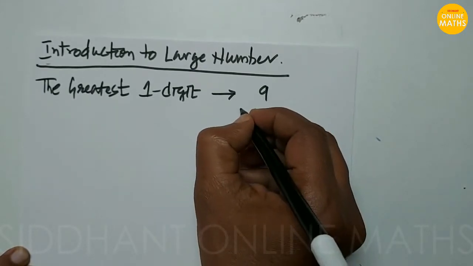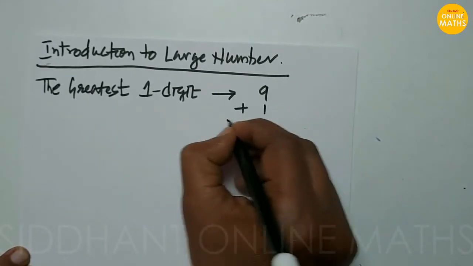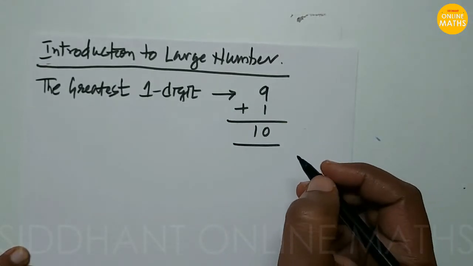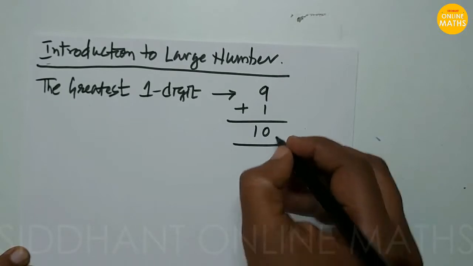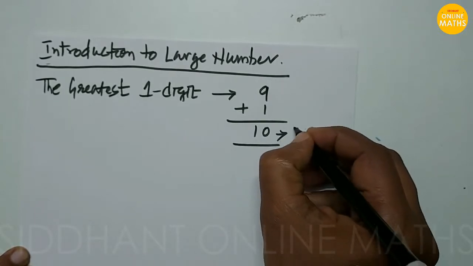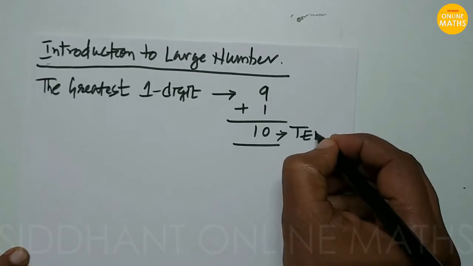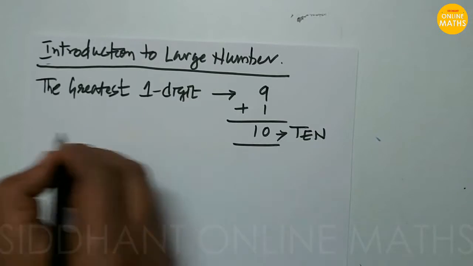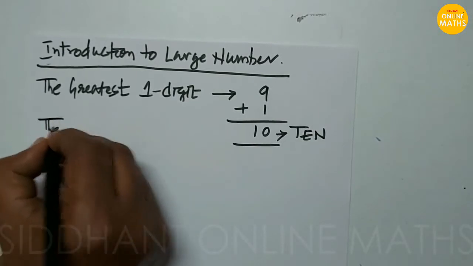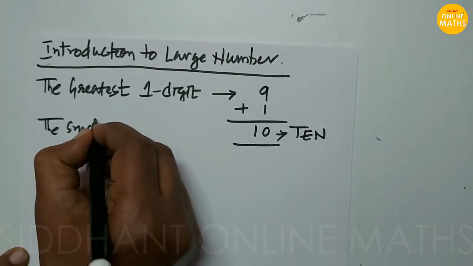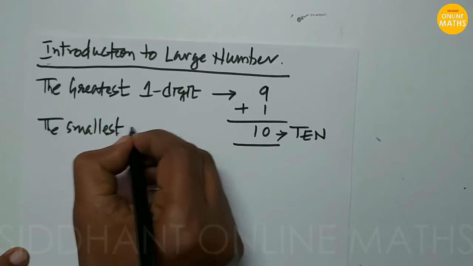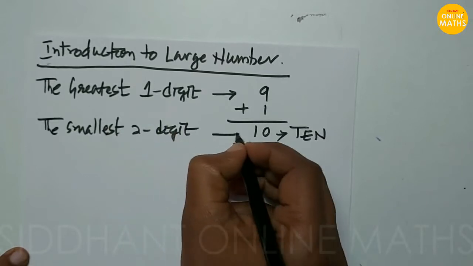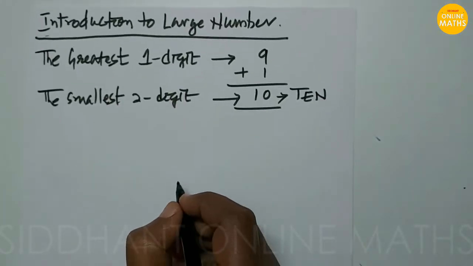So if you are going to add 1 to this, it will become 10, and this is read as 10. Okay, so now this is a two digit number, and this is the smallest two digit number.